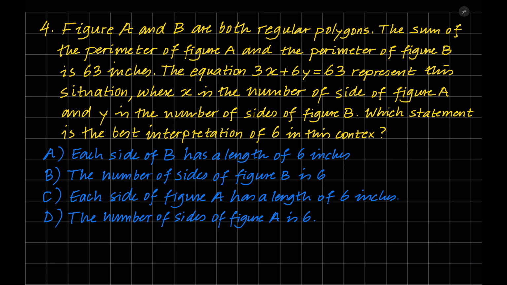It's given that figure A and figure B, not shown, are both regular polygons and the sum of the perimeters of the two figures is 63 inches.